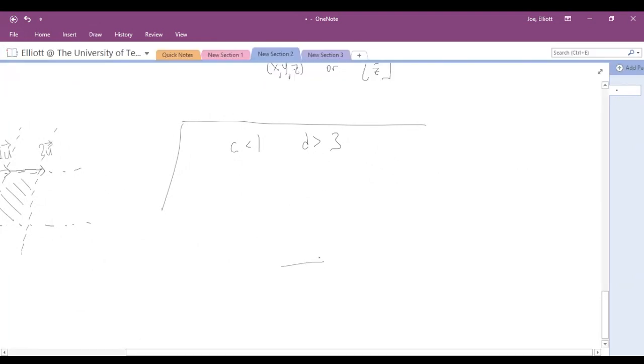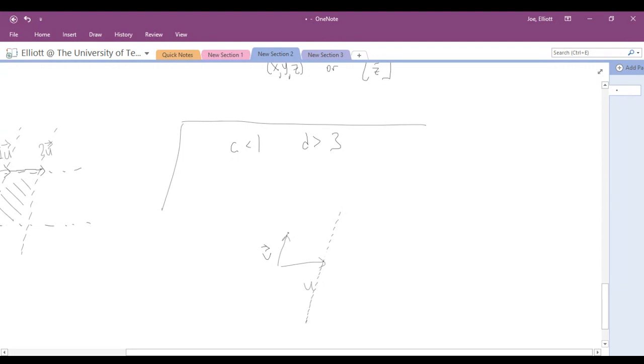All right, so I'll draw again u and v real quickly. Okay, so this is already where c is equal to 1. So c less than 1 is going to be to the left of that line.